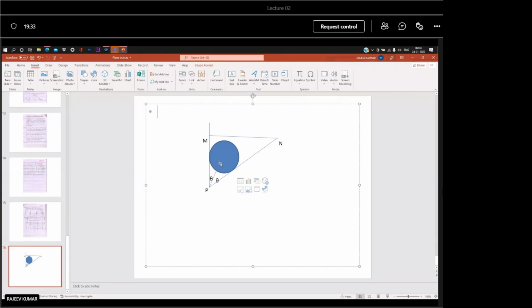This line is connected from the center of this log. So this bar is inclined, the angle with the center of the radius is theta, and this is also theta. Determine the value of 2 theta for equilibrium.